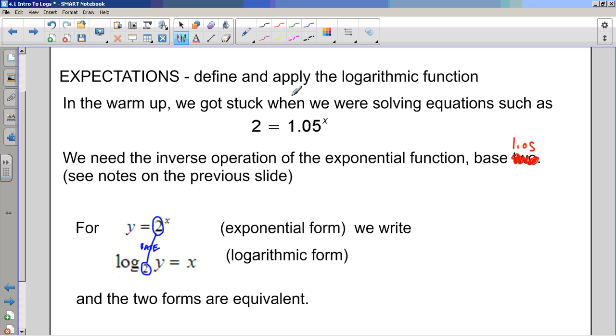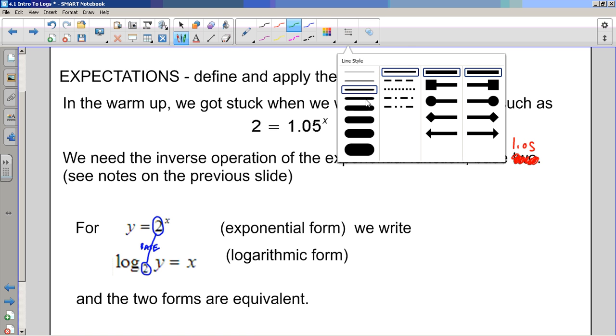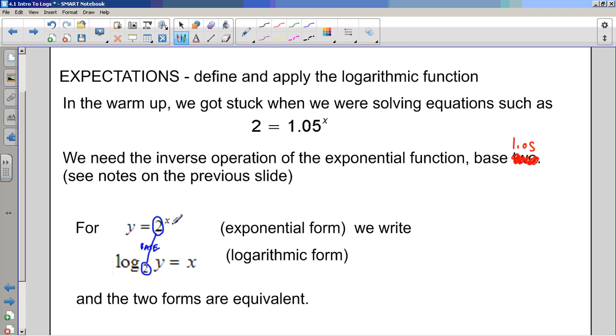Notice where the exponents are. Here, the exponent is in that familiar form. For the log form, it's the output. It's what comes out of the log. So, in essence, you're asking, well, what is a logarithm? I don't get it. What's a logarithm?